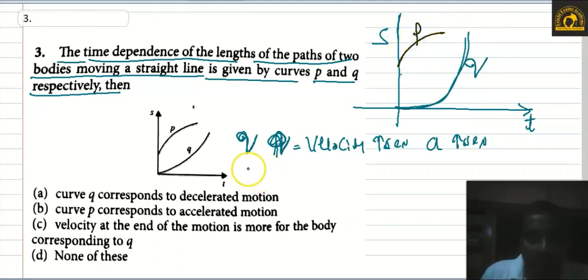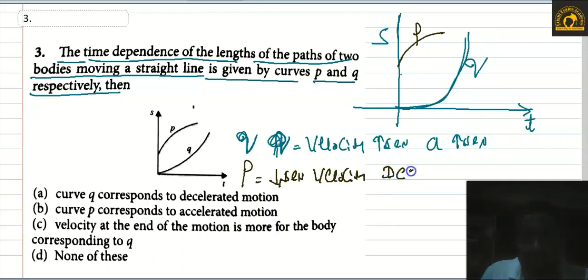So what does P mean? The graph is like that. This is a deceleration. That means velocity decreases. Decrease in velocity means deceleration.